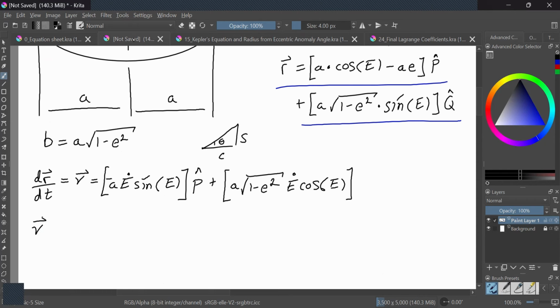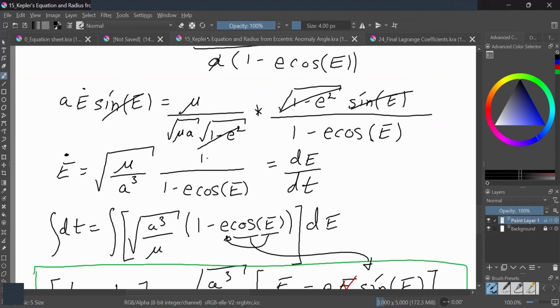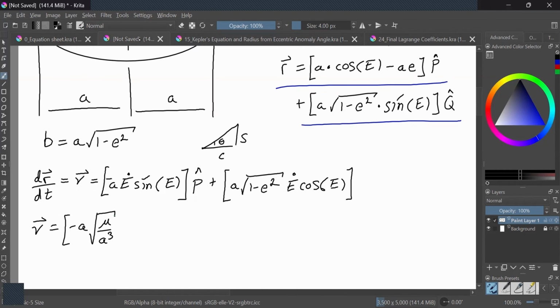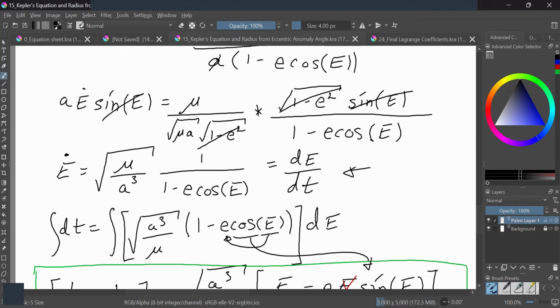So we have v is equal to minus a times the square root of mu by a cubed times 1 over 1 minus e cosine E, times sine of E. No, let me back that up a little bit, because we have E dot here. Let me copy E dot over.